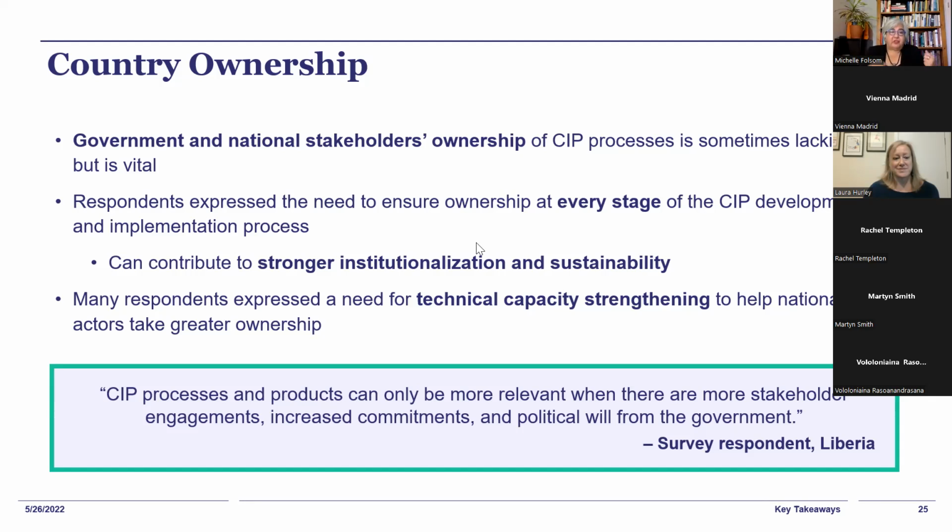There's a hypothesis that that's going to contribute to stronger institutionalization and sustainability. And many were also asking for technical capacity building in that process. So again, there's really no question about whether country ownership is vital. It's just a question of how. So next slide, please.